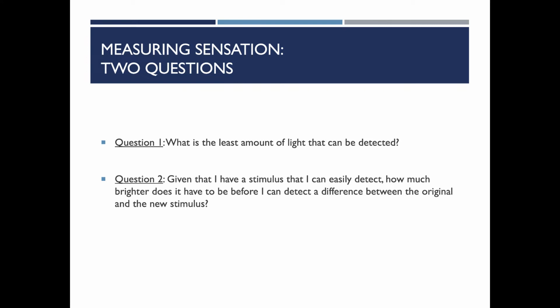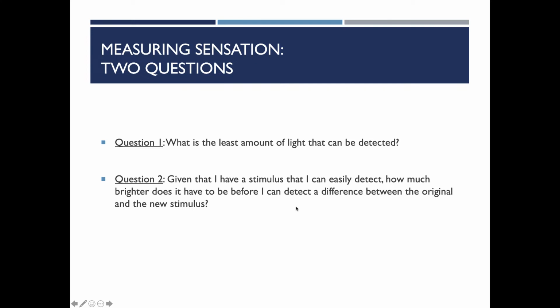That is, if something is very, very faint or very far in the distance, what's the least amount that we are able to see as humans? The second question is that given a stimulus that can be easily detected by the human eye, how much brighter does it have to be before you can tell that there's a difference between the original and the new stimulus?